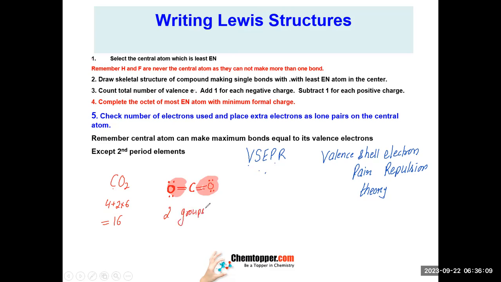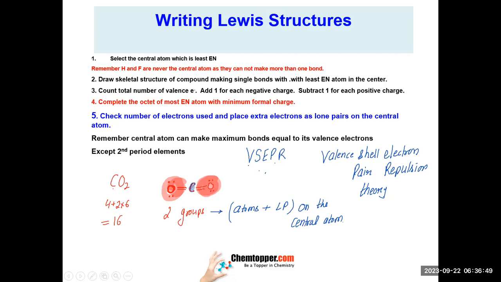Now these groups are full of electron density. Can you see that I have made a big electron cloud here? There are 2 groups on the carbon. We are talking about the carbon. So what are groups? Groups are atoms plus lone pairs only on the central atom.